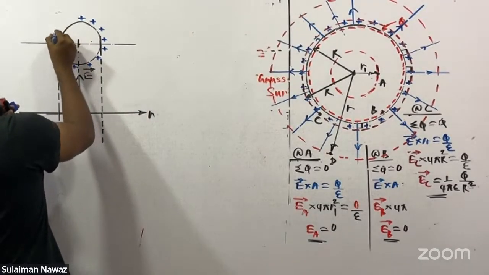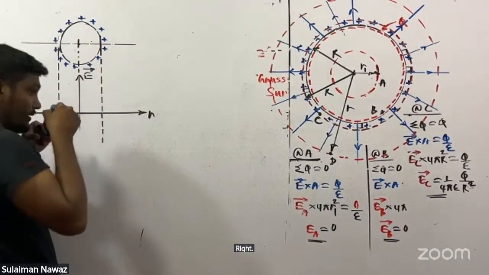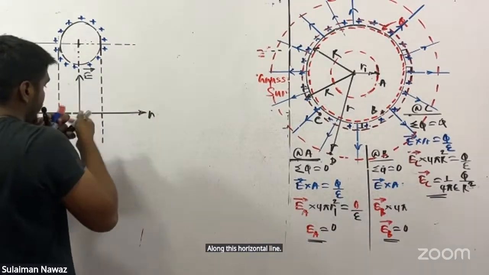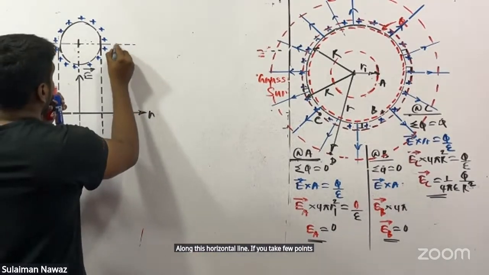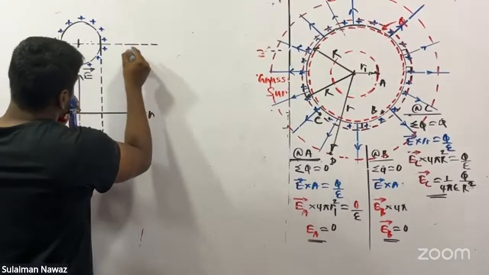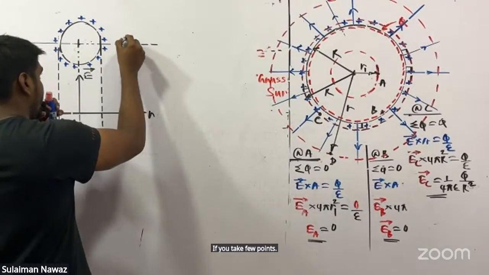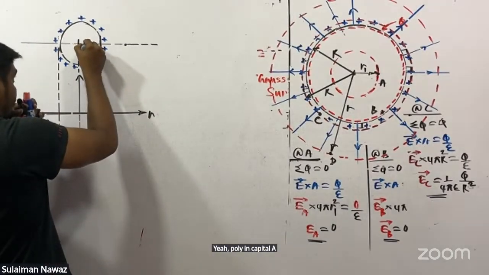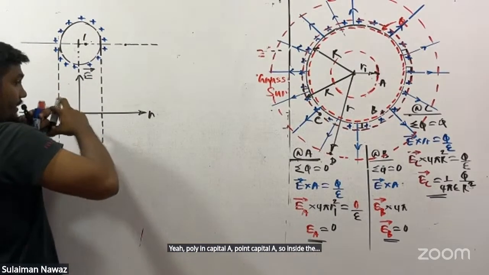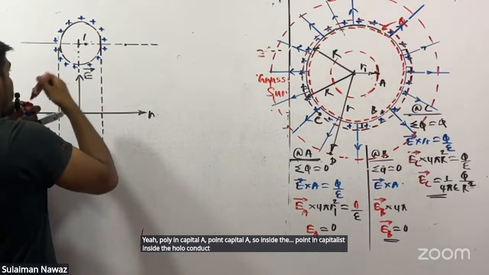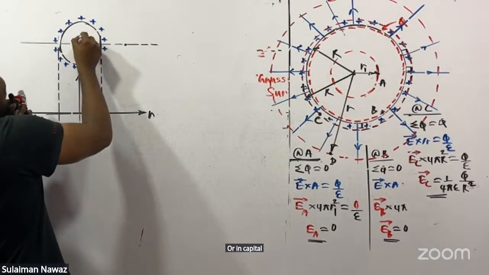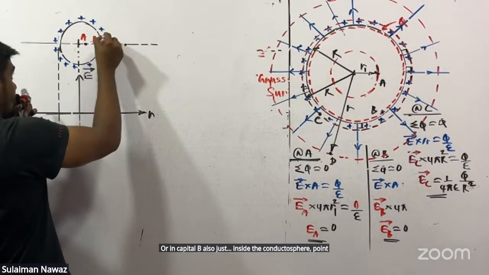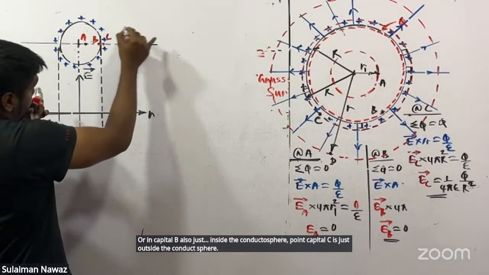Along this horizontal line, if you take a few points: point capital A is inside the hollow conductive sphere. Point capital B is also just inside the conductive sphere. Point capital C is just outside the conductive sphere. Point capital D is somewhere here.